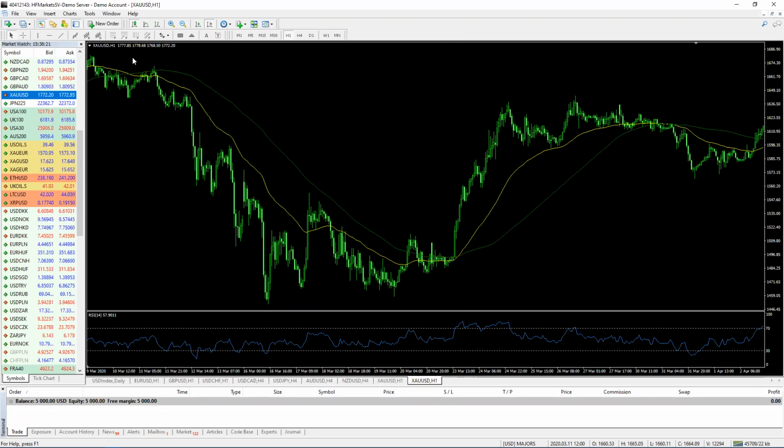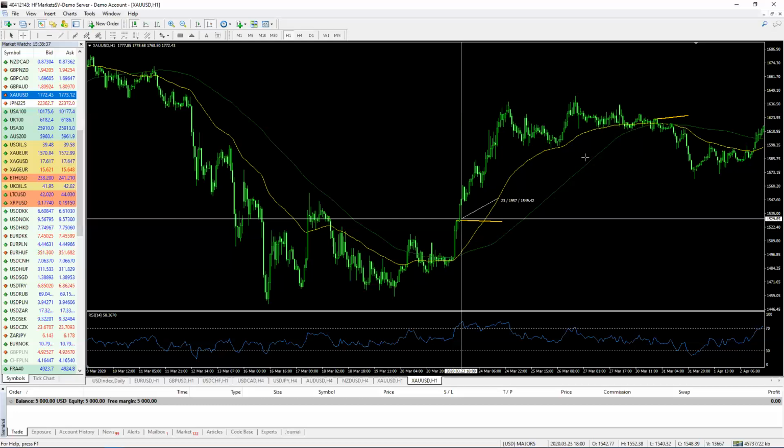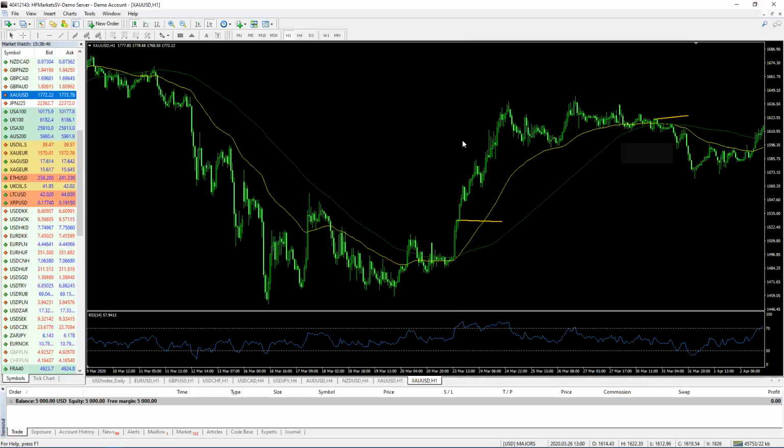Okay, so you can see we entered the market around here. Okay, so that is our entry. Then the market came, this is where they crossed for the first time. Okay, so how many pips are those? From there to around there, around 921 pips. Not bad, but not the best.